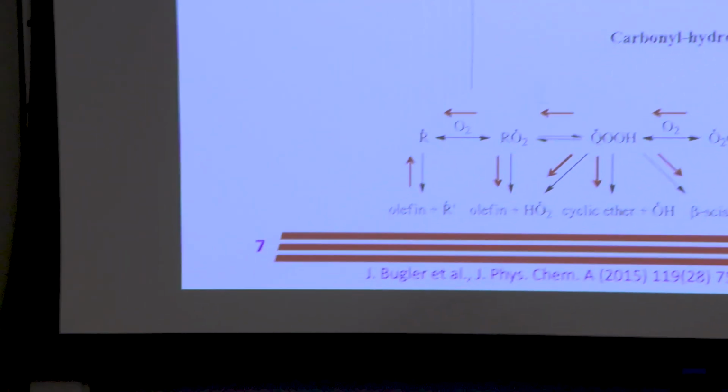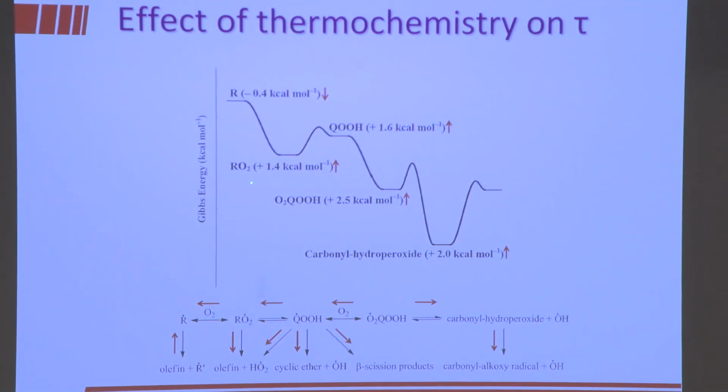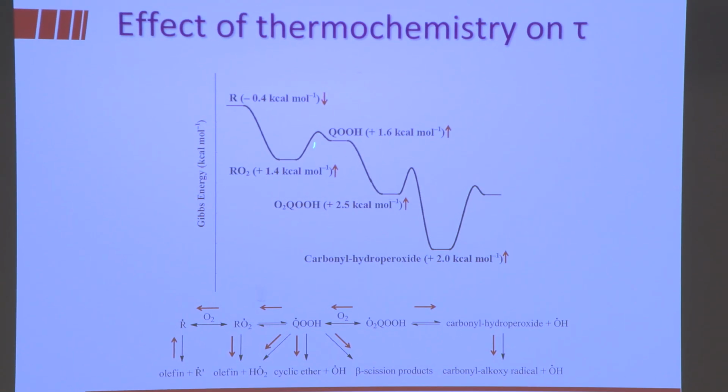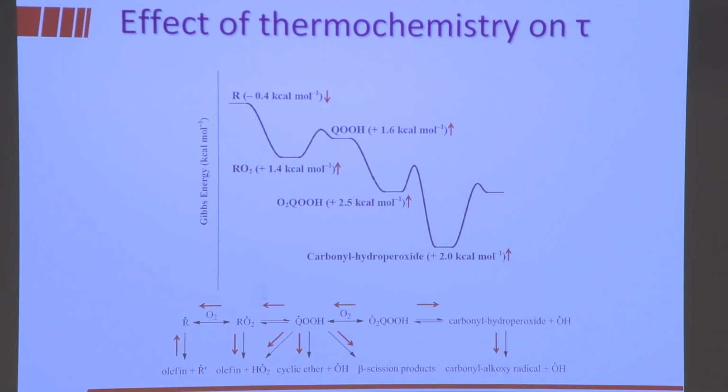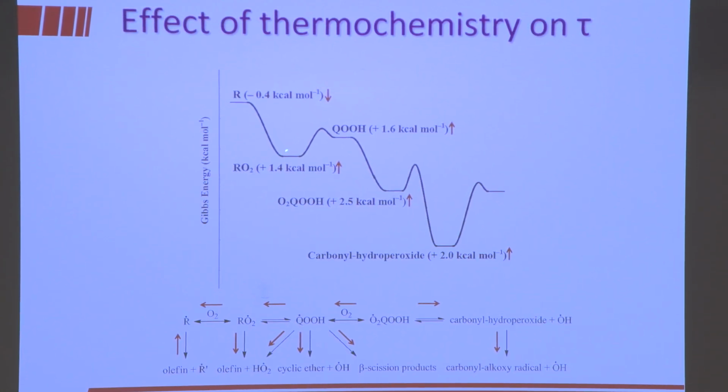And now say we're now RO2 and we have QOOH, okay? So this went up by 1.4, but this actually went up by 1.6. So there's actually a 0.2 kilocalorie per mole bigger barrier to the QOOH species. So if I'm an RO2 species, we'll see what the QOOH looks like again, don't worry about it.